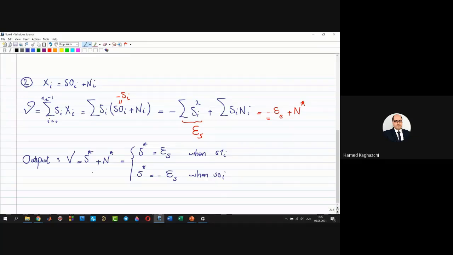Now look at here what happened. From here, we can find that normally most of the V that occurred in 1 will have a positive value, and in the case of 0 will have a negative value. What does it mean?